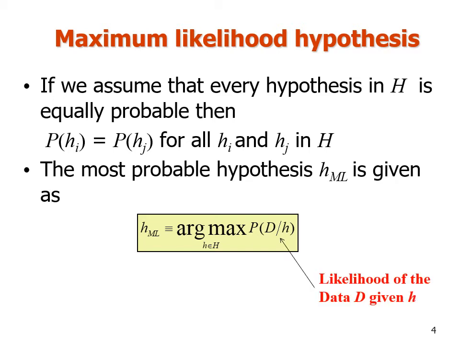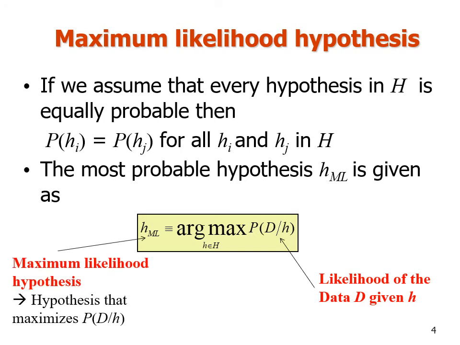This term, probability of D given H, is often called the likelihood of the data D given H, and any hypothesis that maximizes this probability of D given H is called a maximum likelihood hypothesis, HML.